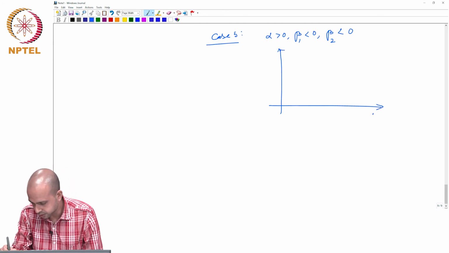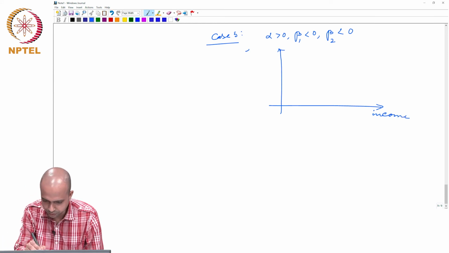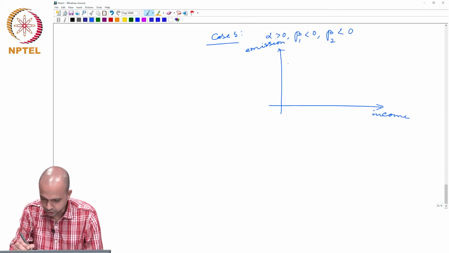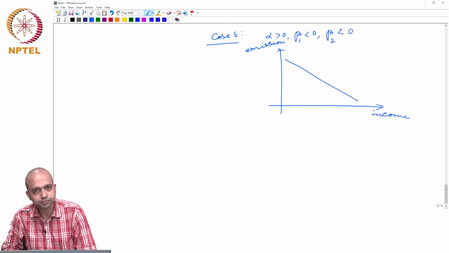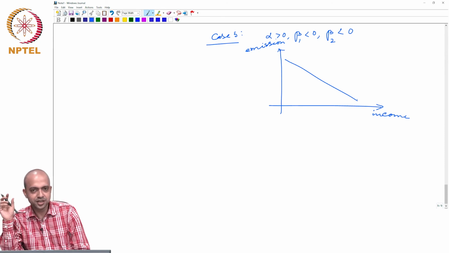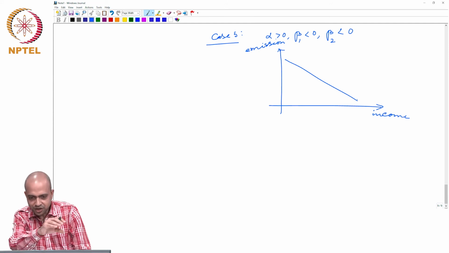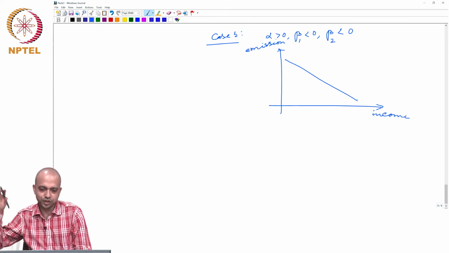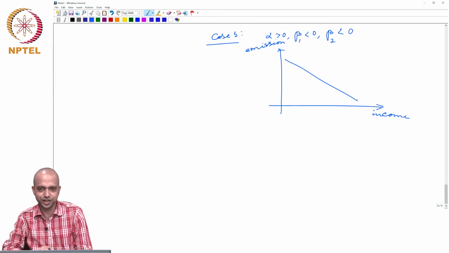This is income, this is emission. So, we will get this type of relationship. Okay. Monotonically decreasing. As income increases, pollution per capita starts falling, falling and falling. This is called a monotonically decreasing relationship.